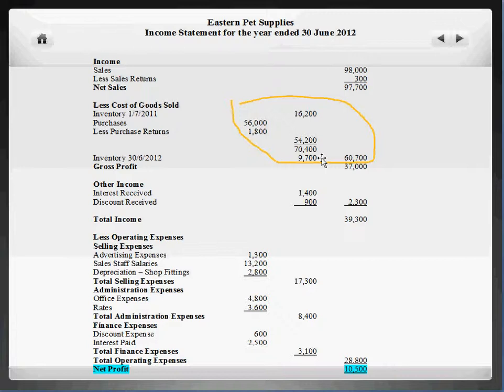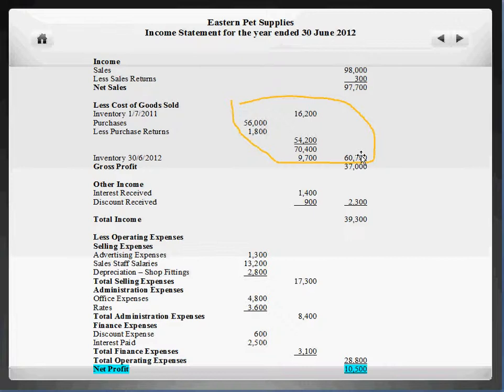We record that over in our right-hand summary column, 60,700. We can then use that to calculate our gross profit, our total income, our net profit, and that net profit then flows, of course, into the balance sheet.